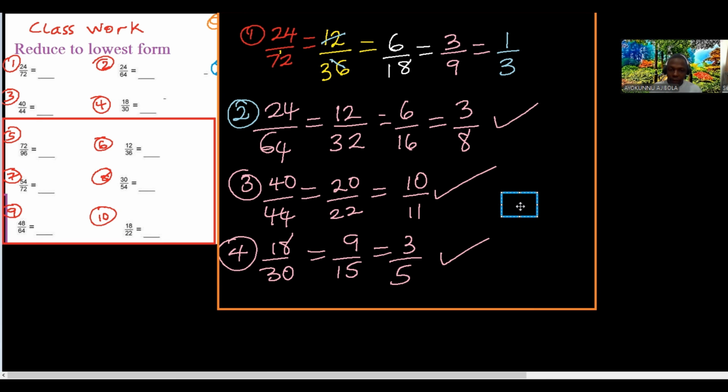Can you try to explain number 4? Yeah, try. 18 over 30. How did it become 9 over 15? And how did it become 3 over 5? Explain.